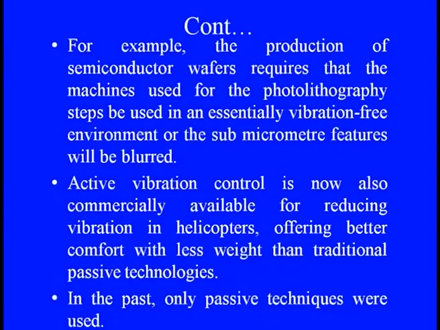So, in that case, you see here, the active vibration control can straightway be adopted there without putting any kind of disturbance in these semiconductor wafers. So, nowadays, the active vibration control has a greater application for reducing the vibration, like in helicopters, offering better comfort with less weight than the traditional passive technology.